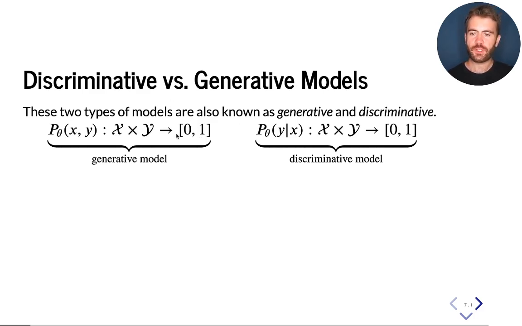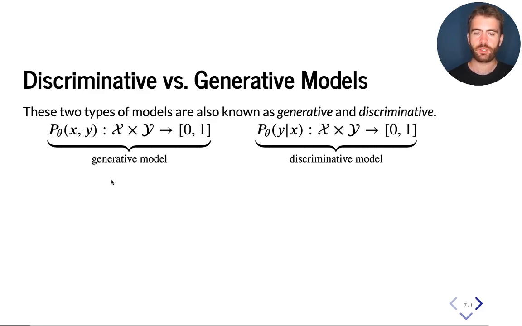So the first distinction between discriminative and generative algorithms is the particular type of model that they fit. And we refer to these models also as either being generative or discriminative. A generative model is a model in which we fit a joint distribution over both the inputs x and the targets y.